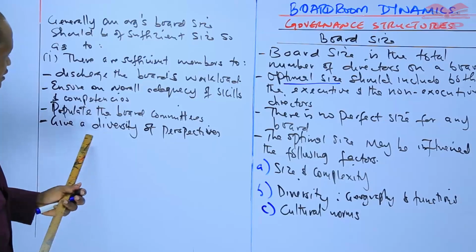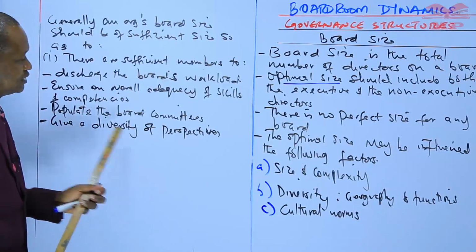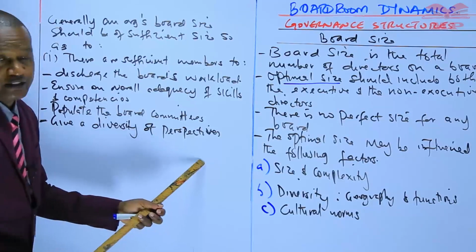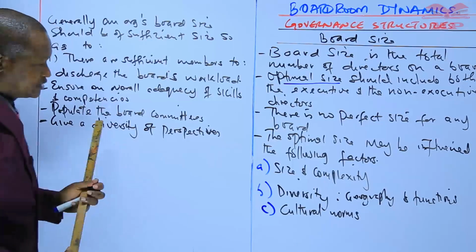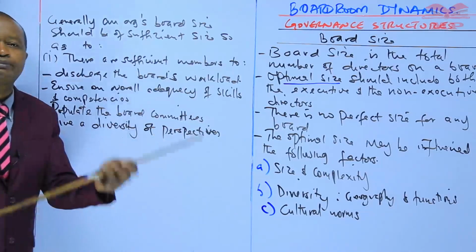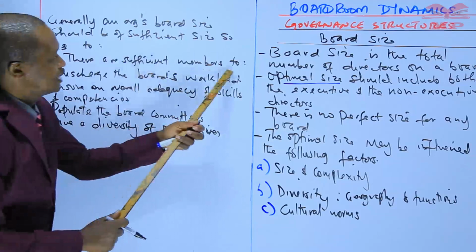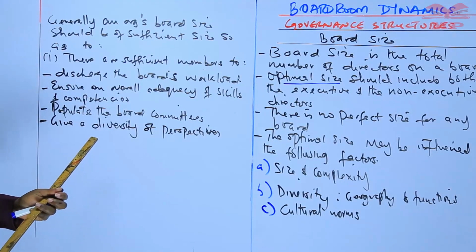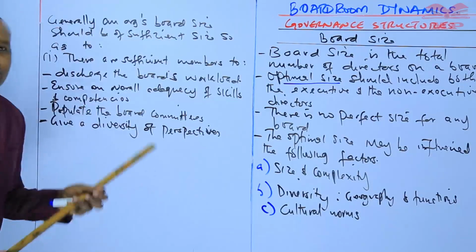So if you have a sufficient number of board members, several board members, then you may have a diversity of perspectives. But if you have a board that only has 2 members, then the diversity of perspectives is also limited. So there ought to be a sufficient number of members to give a diversity of perspectives to the board's deliberations.